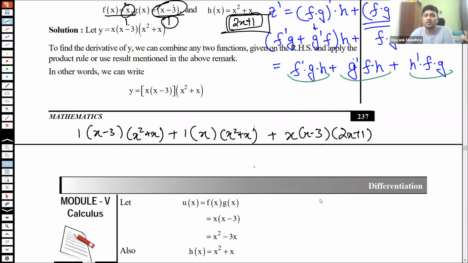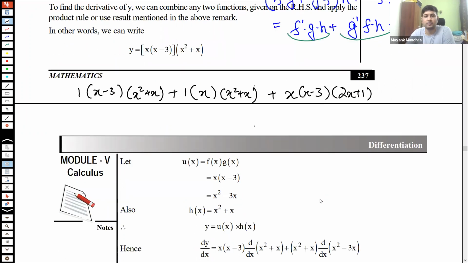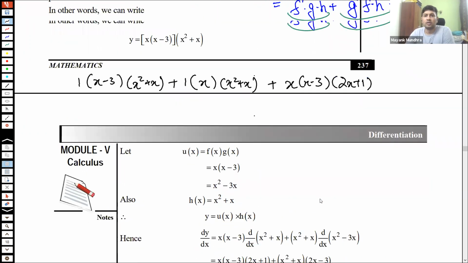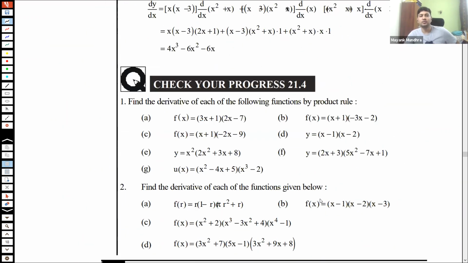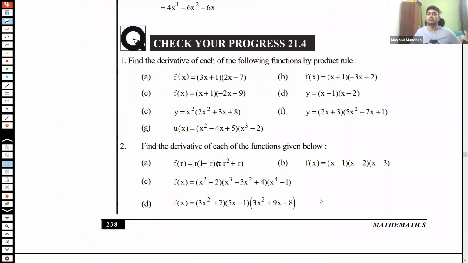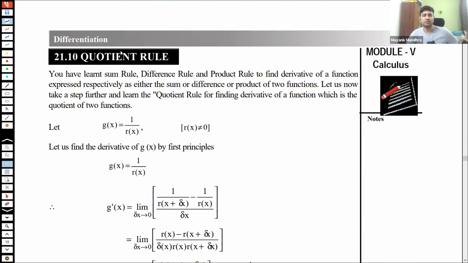Right. And then you can open up the bracket and see where it takes you. So that's how you can do this particular exercise. So do this entire section as well. This is completely doable.